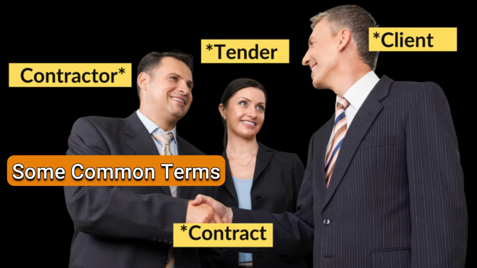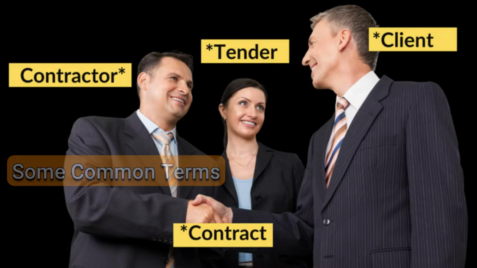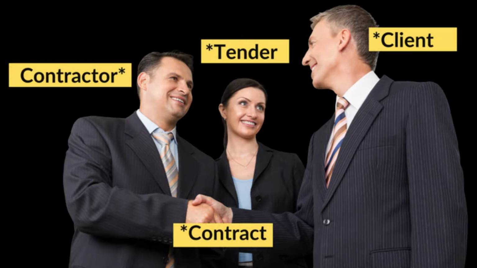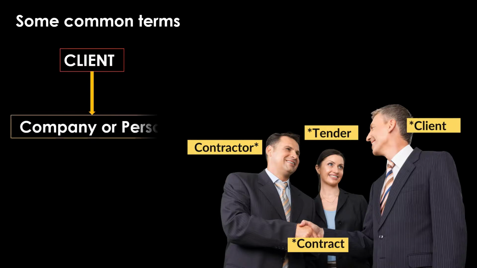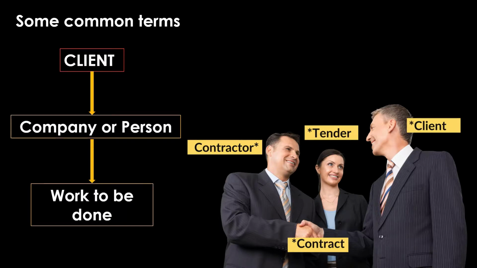Before going to the details, please have a look at some common terms used frequently in the tendering and contract process. The first one is client. Client is a company or a person who wants the work to be done.